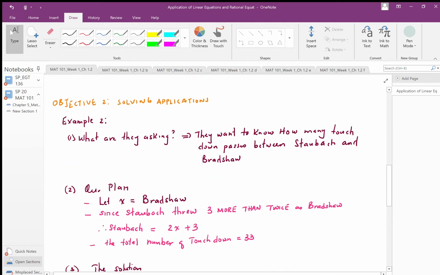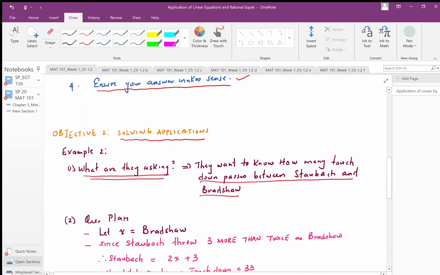Within this section, objective 2 really moves into solving applications. In this case, you always want to ask yourself, what is the question asking? They want to know how many touchdown passes between Staubach and Bradshaw.